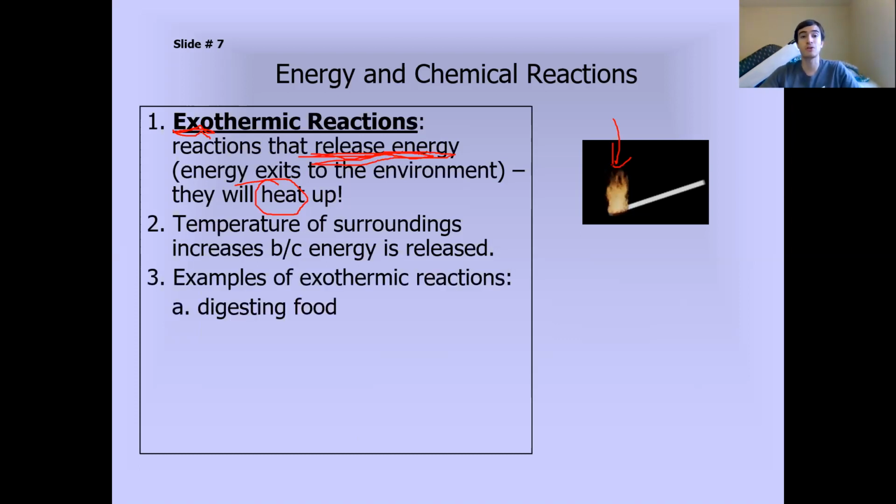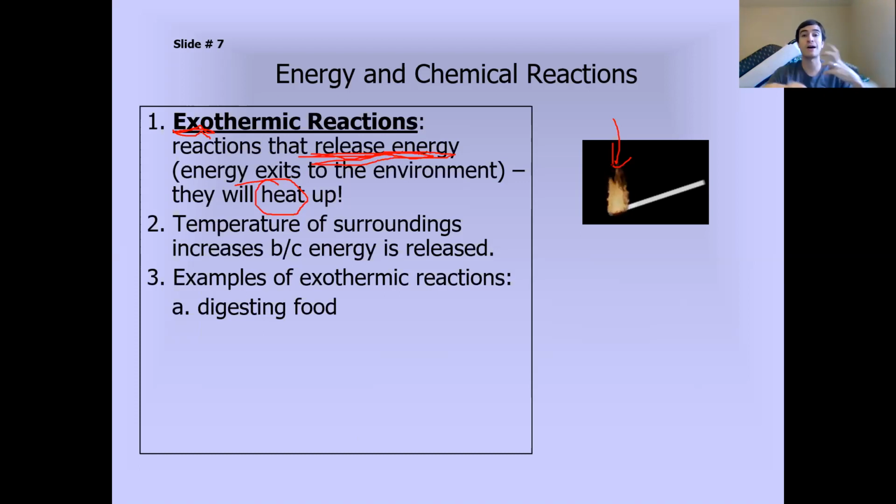Digesting food is also an exothermic reaction. So the internal temperature of your body should be pretty close to 98.6 degrees Fahrenheit, which is obviously, for the most part, except for August in Texas, but otherwise, for the most part, that's a lot hotter inside your body than the air around us. Like in my house right now, I think it's about 76 degrees.